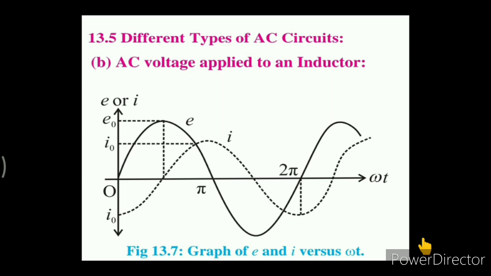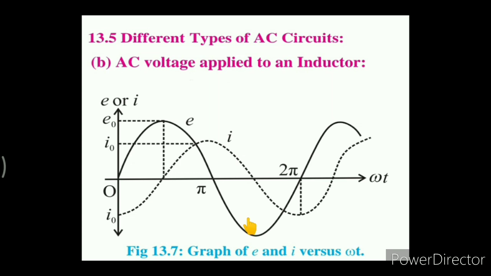In this graph, it is very clear that when we are comparing the equation for E, which is E0 sine omega t, and I, when the current is developed in a purely inductive circuit, we are getting I is equal to I0 sine omega t minus pi by 2.